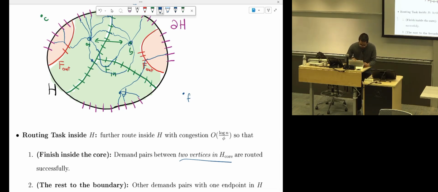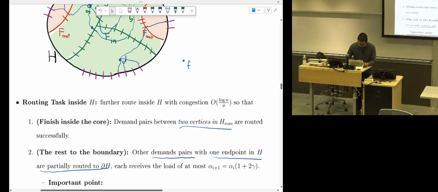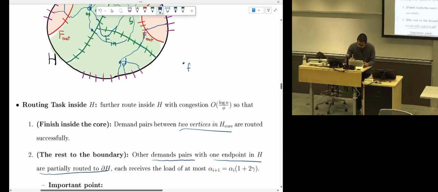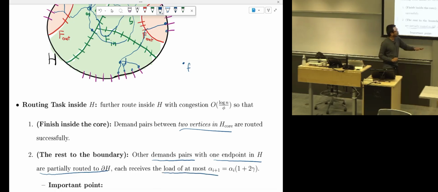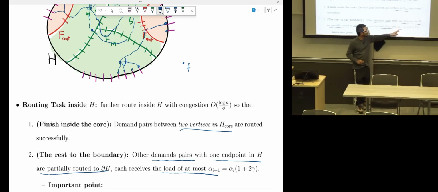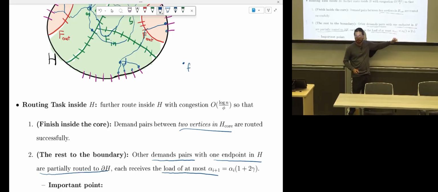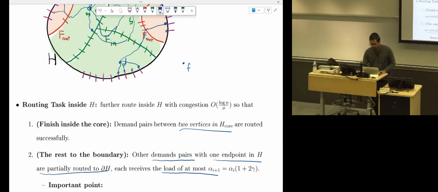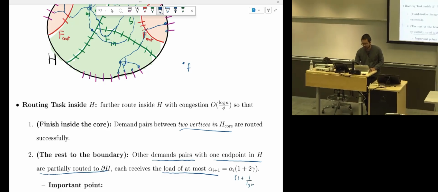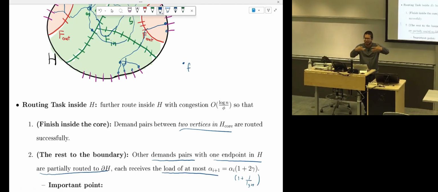And we also have that each of these batteries will receive a load of at most alpha plus, which is a bit more than alpha. It's like alpha times 1 plus 1 over log, basically. So just a bit more.